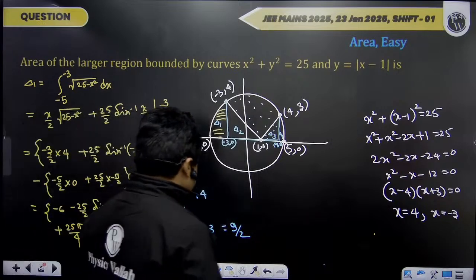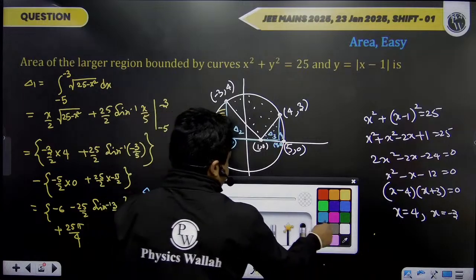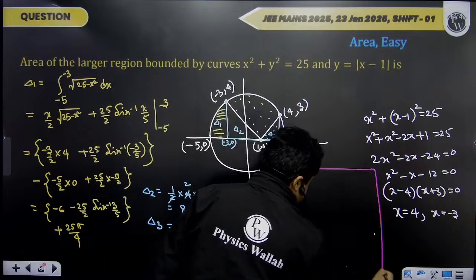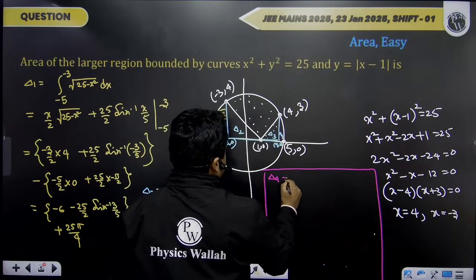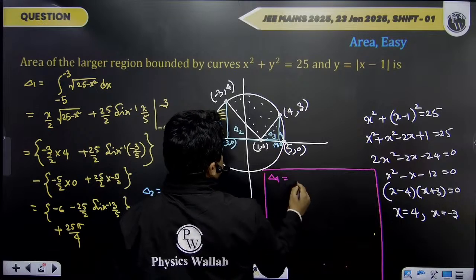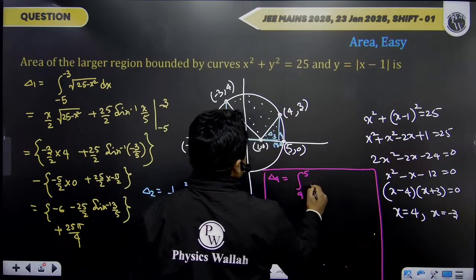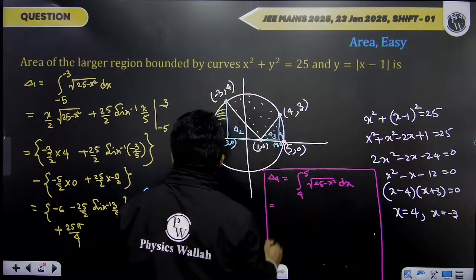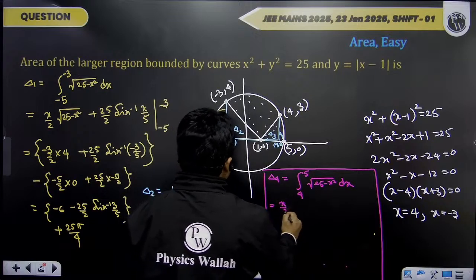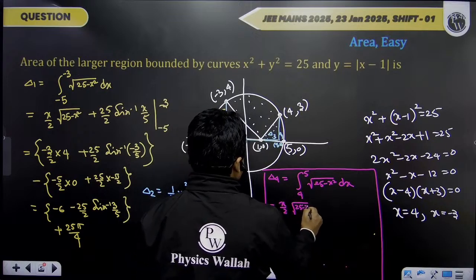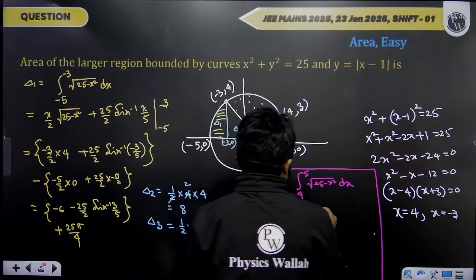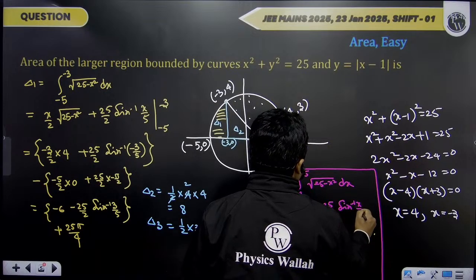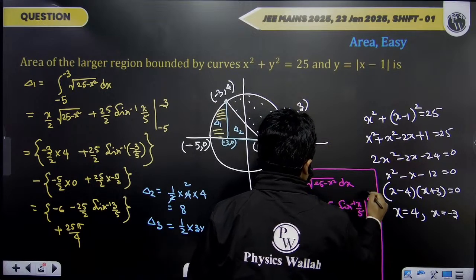Alright, so we have got delta 1. So similarly, we have to do delta 4 also. Let me do it here. So for delta 4, this is from where to where? This is from 4 to 5, right? So this will be 4 to 5 square root of 25 minus x square into dx. So this will be same as x by 2 into root 25 minus x square plus 25 by 2 into sine inverse of x by 5, and limit is from 4 to 5.